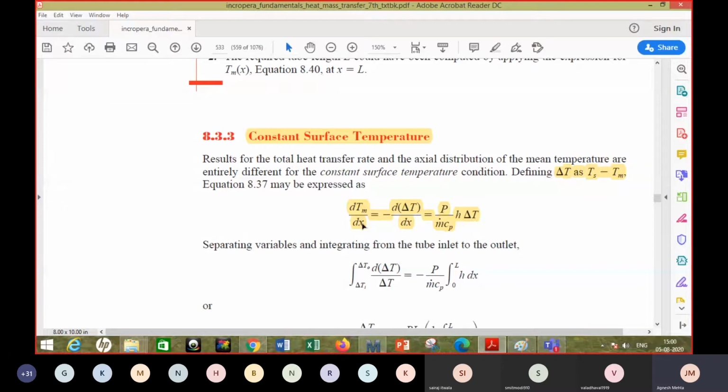What is this delta T? Delta T is equal to Ts minus Tm.